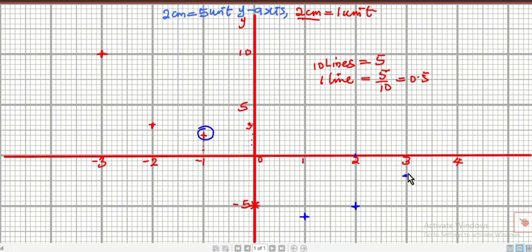Yes, 2 is somewhere there. Are you sure? Okay. Now, when x is 4, y is positive 10. Let's go up the line. Okay, is that 3? Sorry. When x is 4, y is 3.